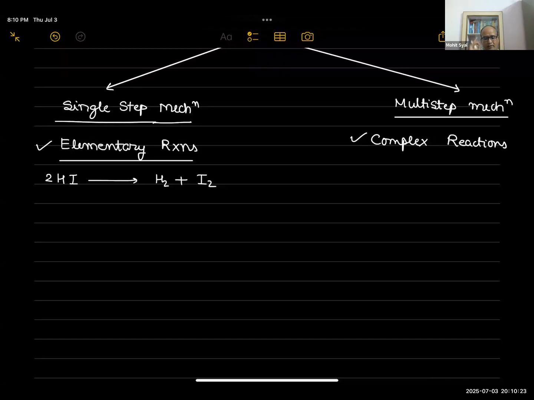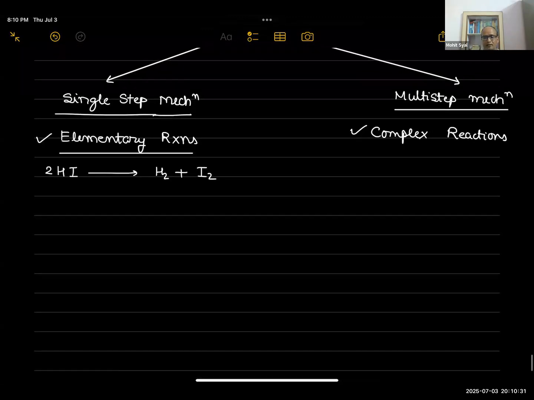There are no two steps. Are you getting my point or not? Single step means whatever is given, they should collide and form the product. That's it. Got it? Is it clear?